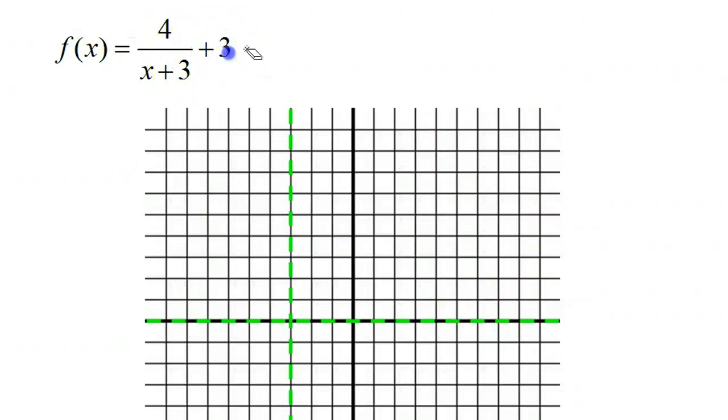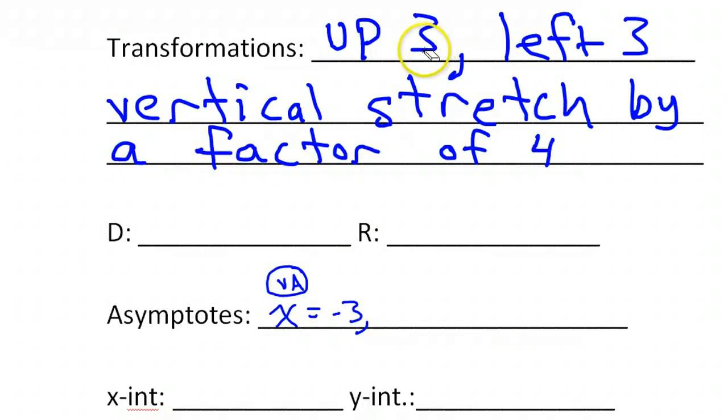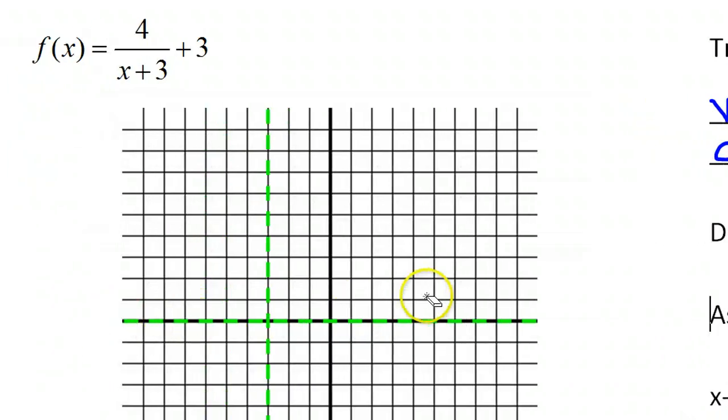But as we discussed a moment ago, sticking a +3 on the end of any function is going to cause a vertical shift up 3. So our function would have had a horizontal asymptote at 0, but a vertical shift will cause this to move up 3. Now, a vertical shift does not affect a vertical asymptote because it goes up and down forever as it is. So moving a vertical line up or down is meaningless.